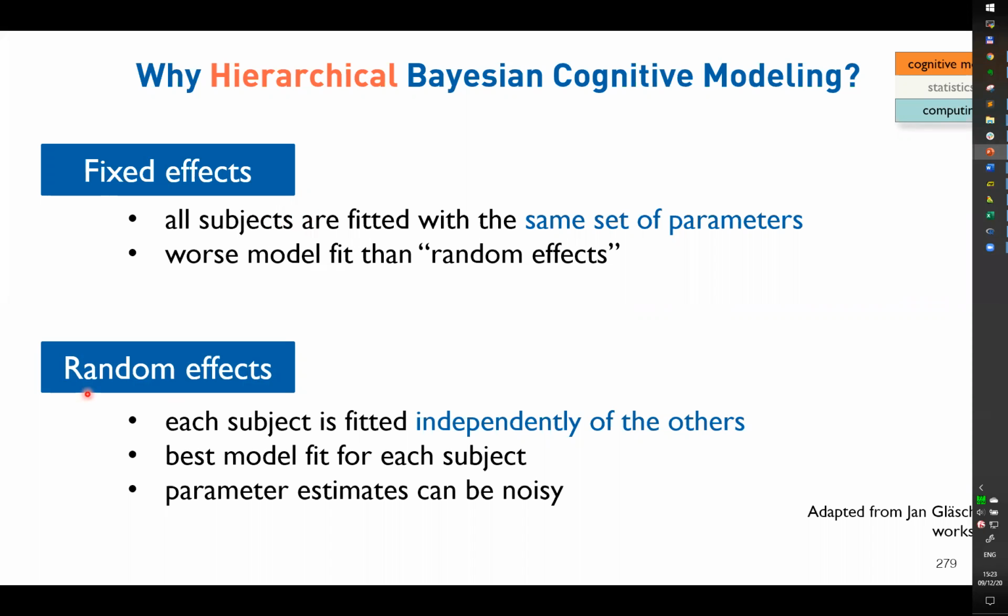And the lower level is the random effect. Random means there is some random variation across the individuals at the lower level, okay? So fixed effects basically means the group level. The random effect is more or less the individual level, okay? Upper level, lower level, group level, individual level, fixed effect, random effect.